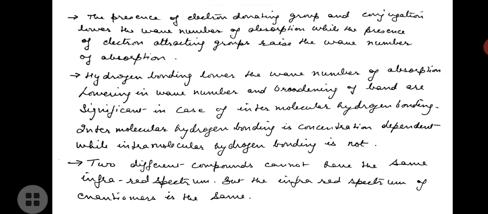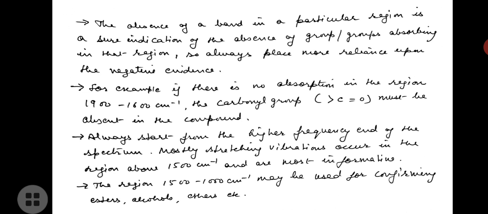The next is, two different compounds cannot have the same infrared spectrum, but the infrared spectrum of enantiomers is the same. The absence of a band in a particular region is a sure indication of the absence of group or groups absorbing in that region.